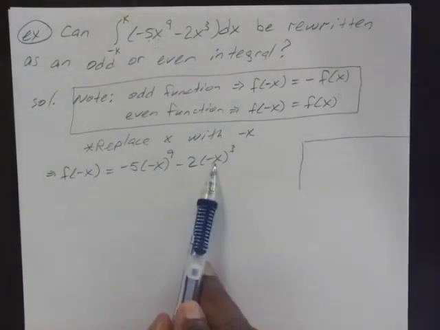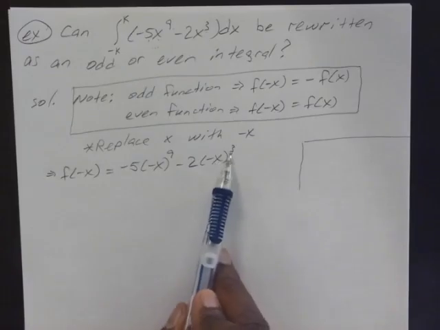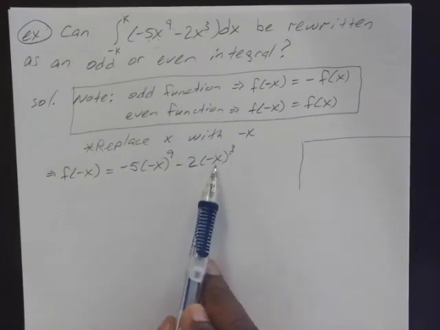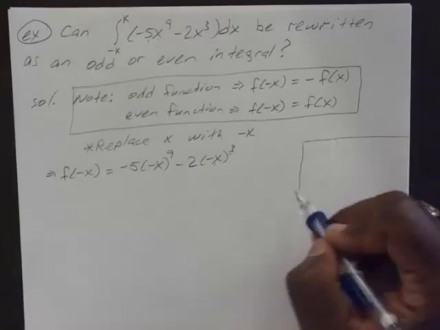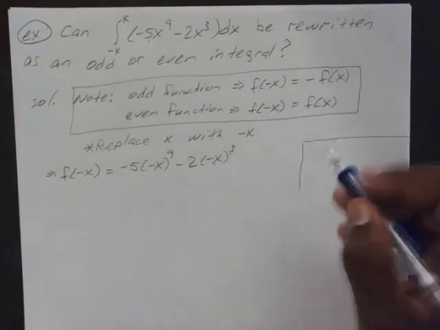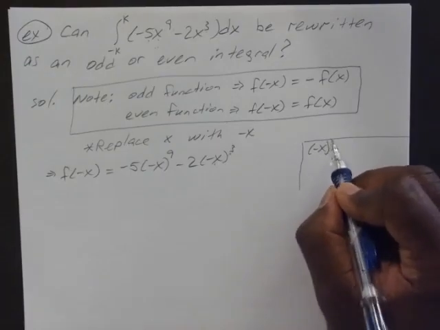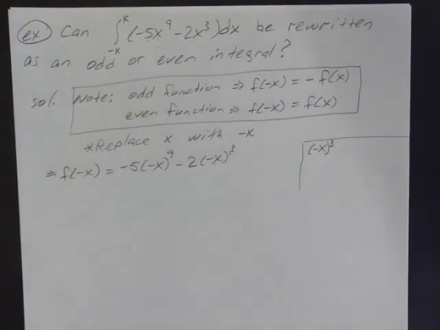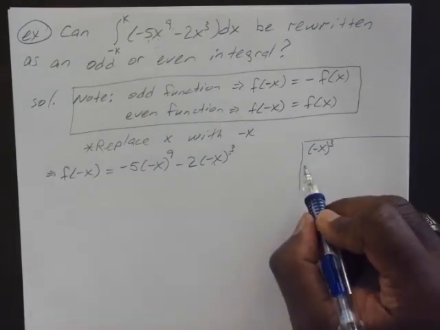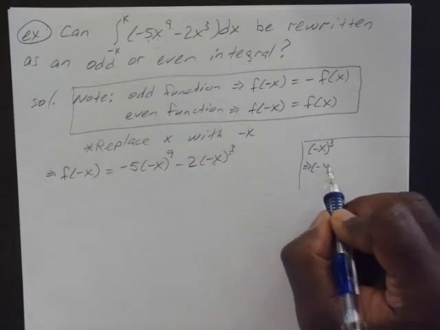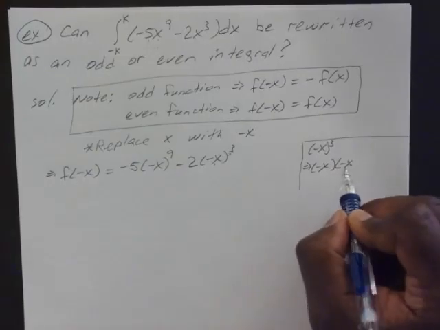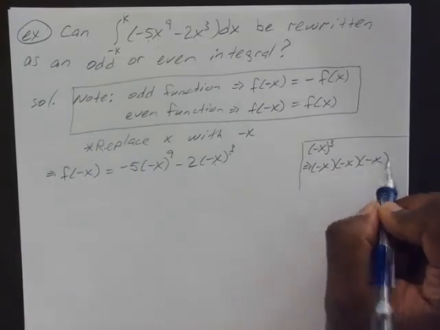Okay, so whenever your negative x is raised to an odd exponent, it's going to come back as negative x to the, well, in this case, negative x to the 3rd power. So let's look at negative x to the 3rd power. Well, that's just negative x times negative x times negative x.